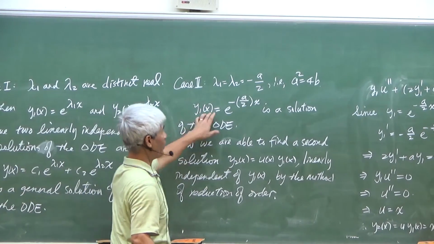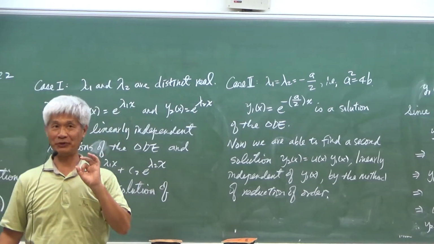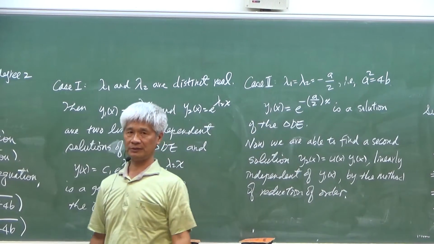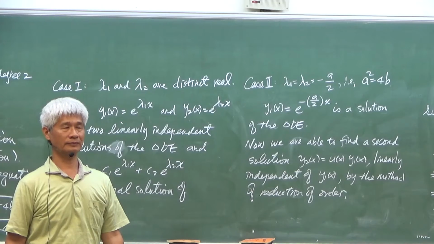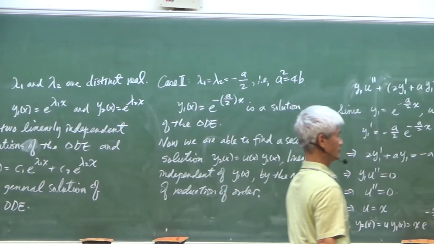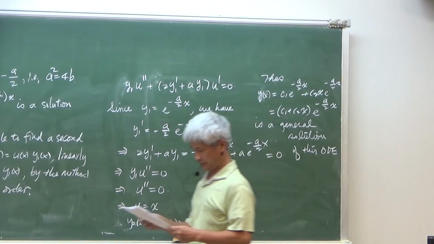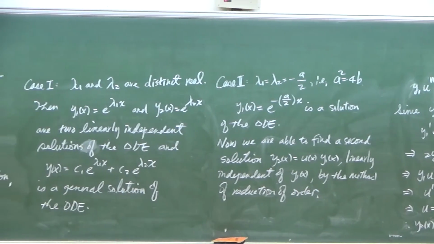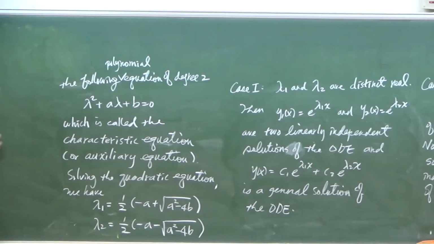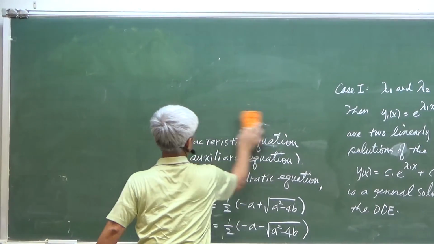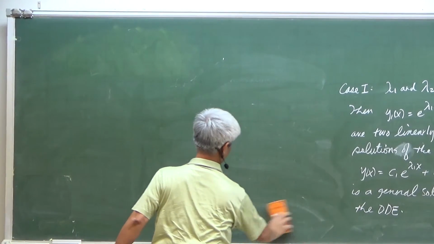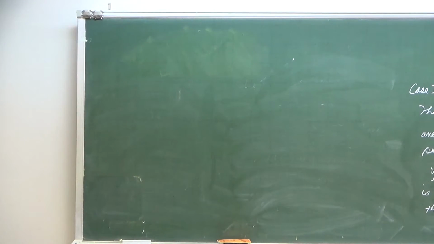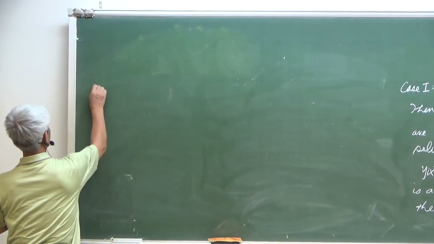Because even though we just find one solution, we can proceed further to find the second solution by the method of reduction of order. Any questions? Okay, that's good.